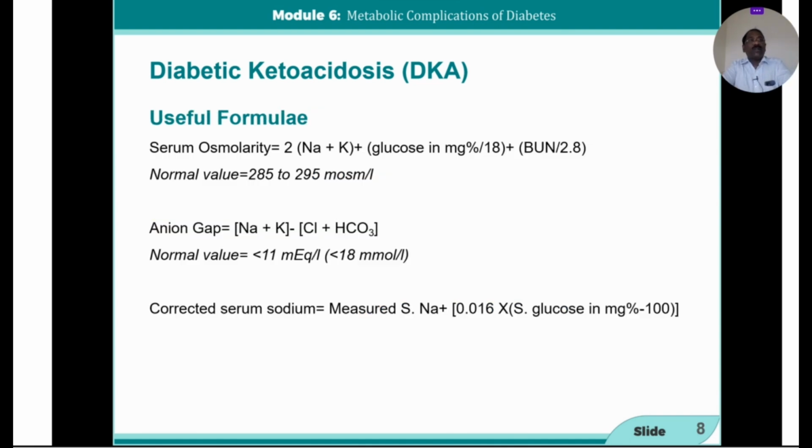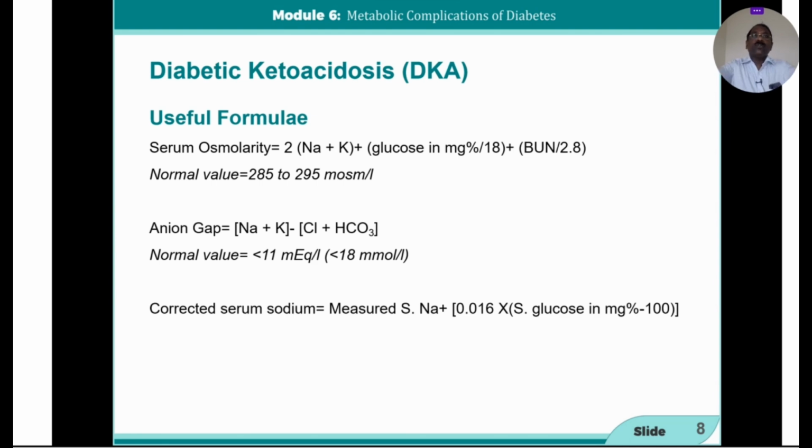So what is serum osmolality? That is sodium plus potassium, multiplied by 2, plus glucose in milligrams divided by 18, plus blood urea nitrogen divided by 2.8. So that is your serum osmolality. To get the serum osmolality, you need electrolytes, glucose, and urea.